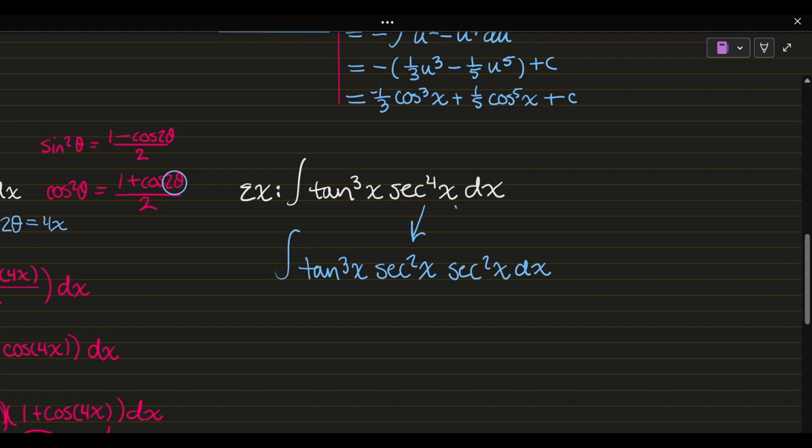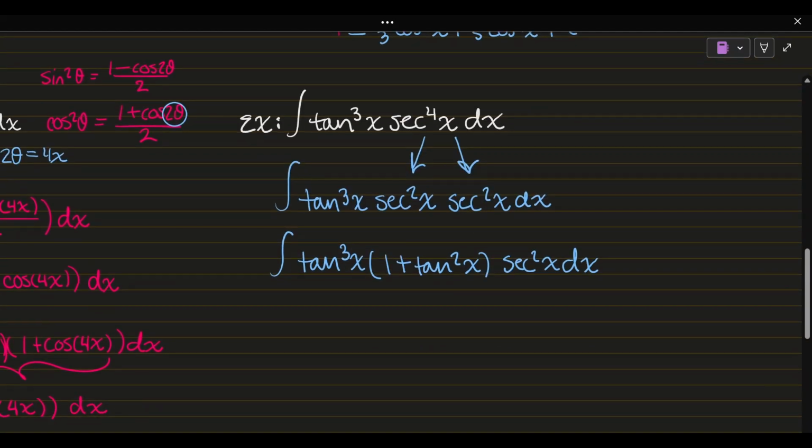So I just split the secant to the fourth up. Now, I notice that this secant squared x is the same as 1 plus tangent squared x. So we can rewrite this as tangent cubed x times 1 plus tangent squared x times secant squared x dx.